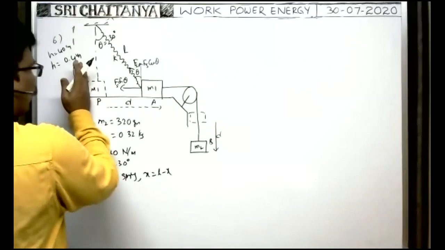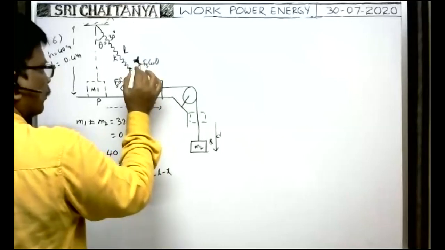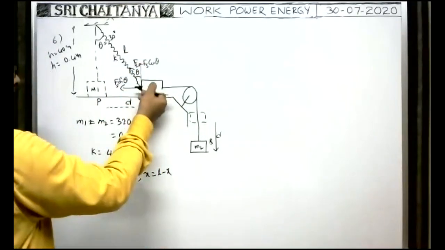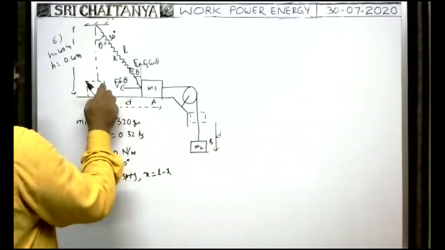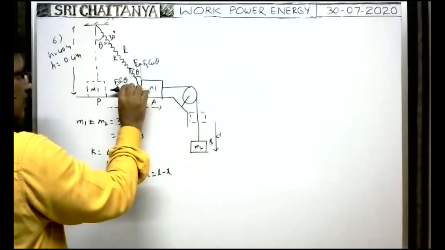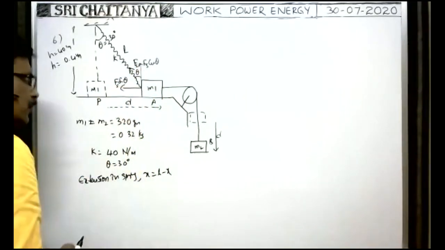As long as the block moves in this direction, the spring force starts acting on the block vertically upwards and along the horizontal direction also. Opposite to the motion, the component Fs sin theta acts in this direction and Fs cos theta acts in this direction.